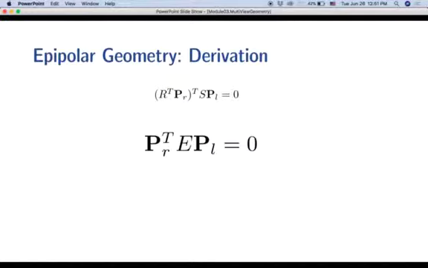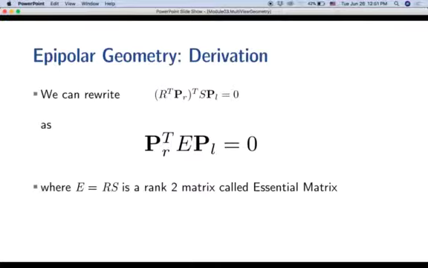Okay, and then I'm going to open the transpose. So I can write this as PR transpose E PL, where E is nothing but RS. Because R will come to this side, R transpose will be R, so R times S, I call that a matrix E. Since S was a rank 2 matrix, I'm multiplying it with a rank 3 matrix, which is R. R is necessarily rank 3 because it's an orthonormal matrix.